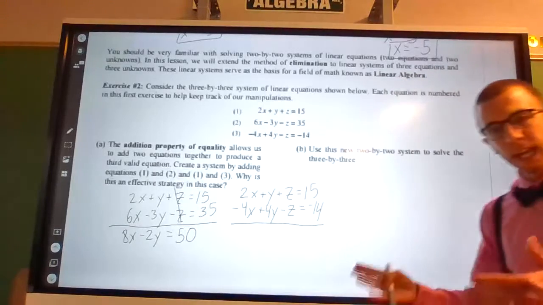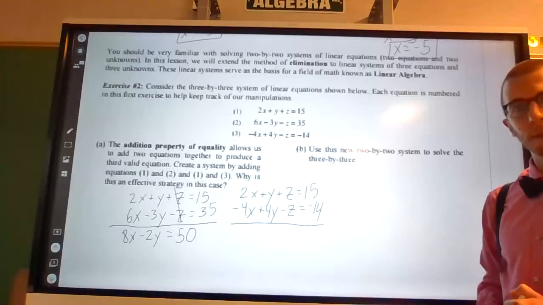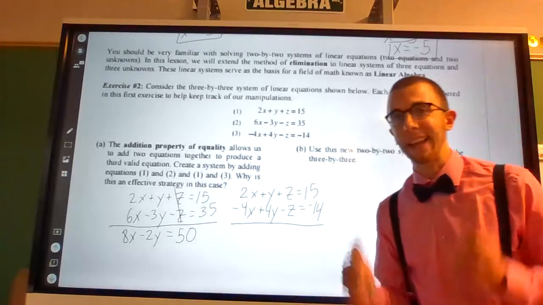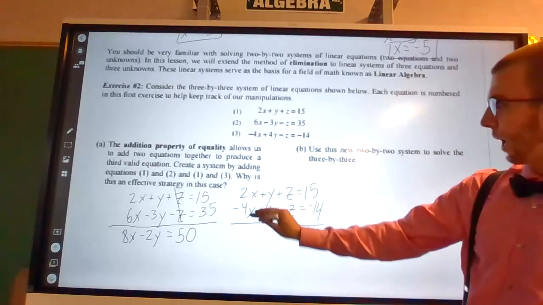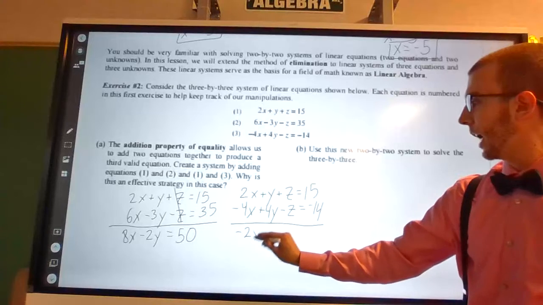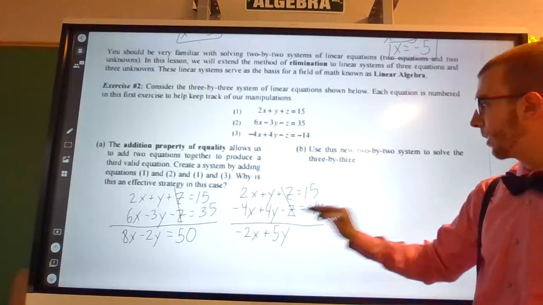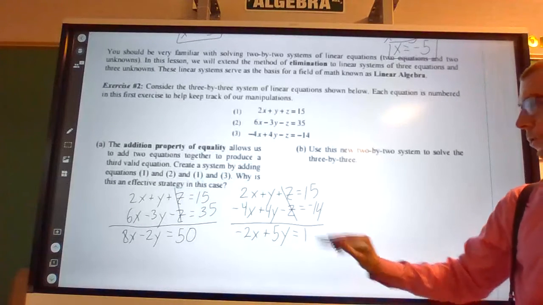Alrighty. Again, they told us to add these two because you'll notice our z variables have those opposite coefficients. And that's exactly what we need to eliminate. So we add these together and get negative 2x plus 5y plus 0. Again, those eliminate each other. And that is equal to 1.